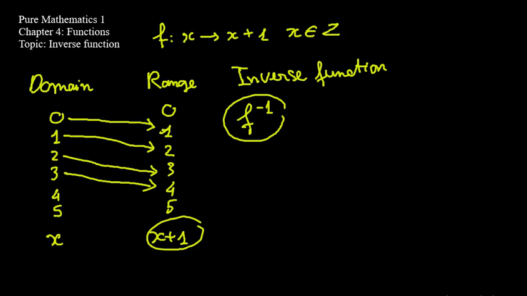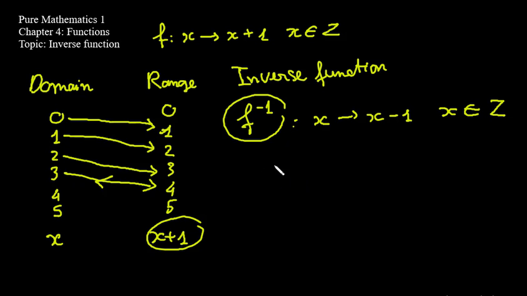This function would run from x to x minus 1. Why does it run from x to x minus 1? Because at first it runs from x plus 1. In order to go back from here to here, we have to minus 1, right? And x would be an integer.